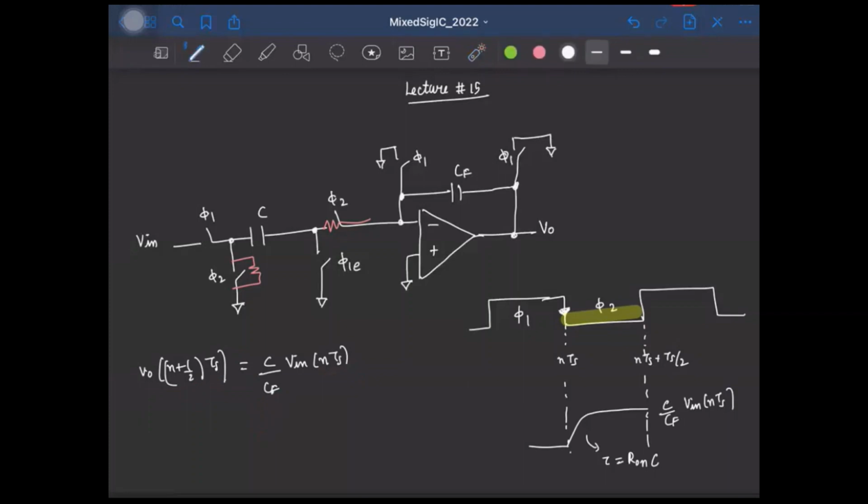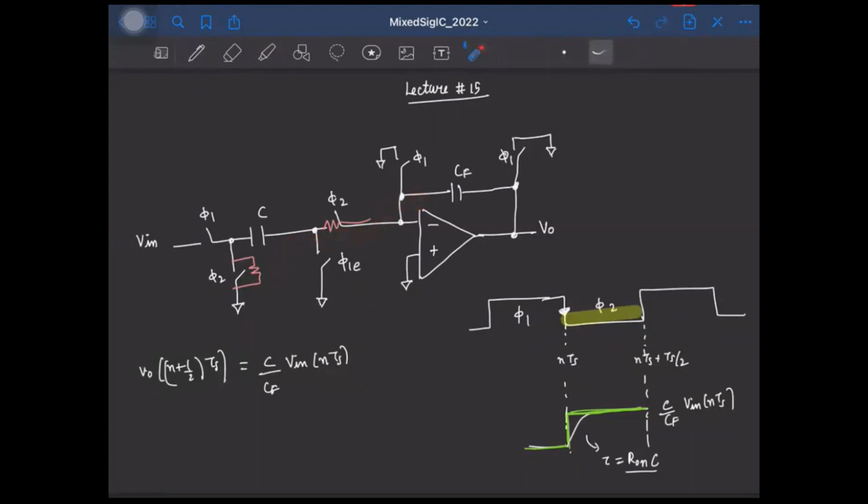And here we saw that the time constant is Ron times C. And why does this make sense? Well, please note here that if Ron is not there, the output voltage will instantly jump to this final value, because the capacitor would have instantaneously transferred its charge to this capacitor CF.